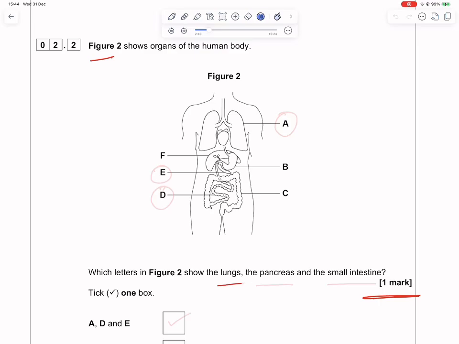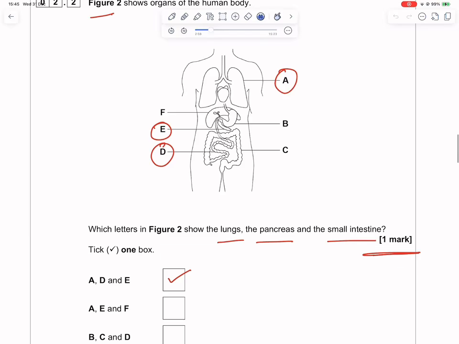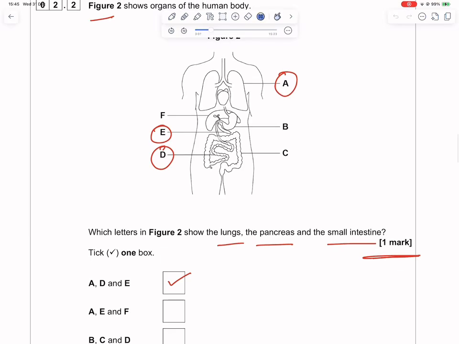So they want the lungs, pancreas, and the small intestine, and the correct answer is A, which is the lungs. The small intestine is D, and E is the pancreas. Now, F is showing the liver, C is the large intestine, and B is the stomach.